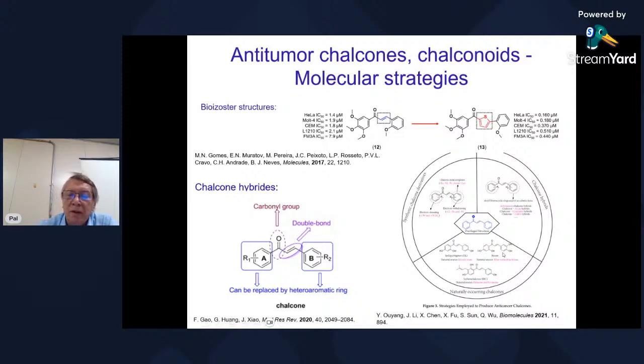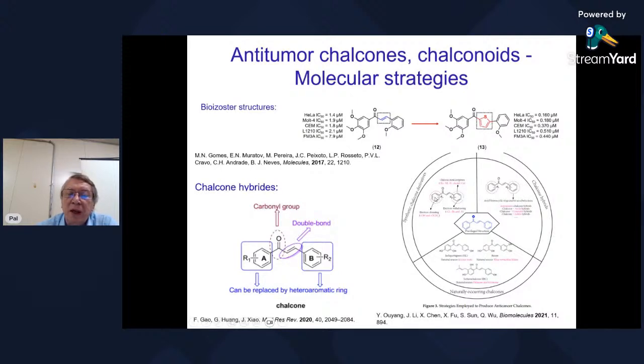Based on the most effective structures, synthetic chalcone derivatives can be, and were, synthesized.